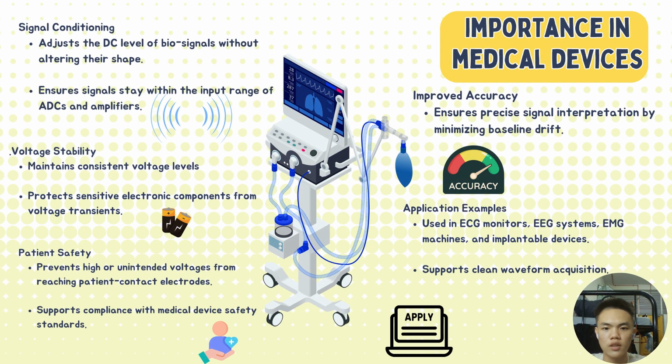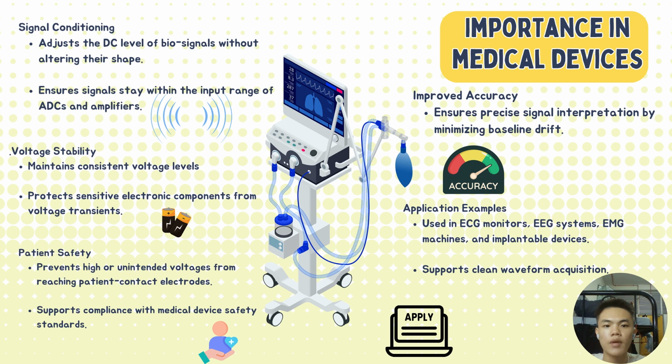For your information, in medical devices, clamper circuits play a crucial role in ensuring accurate and safe operation, particularly in systems that handle biosignals such as ECG, EEG, and EMG. These biological signals are typically low in amplitude and highly sensitive to noise and voltage shift.